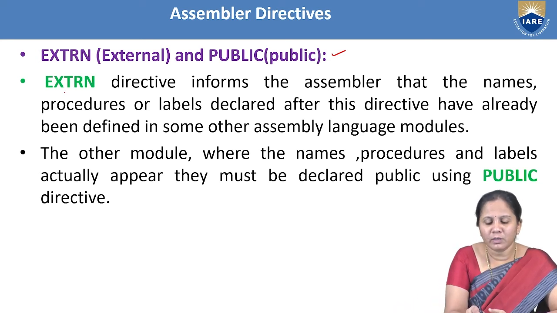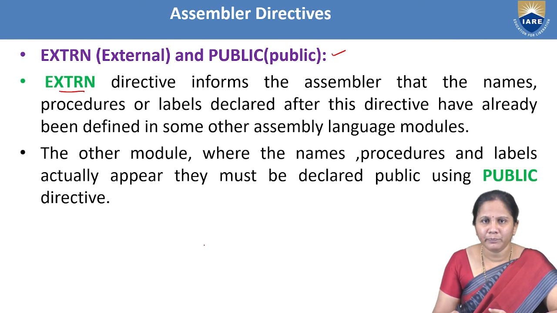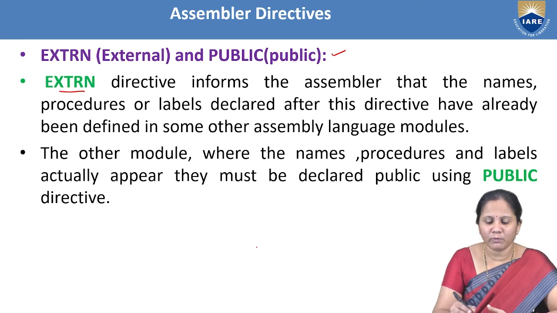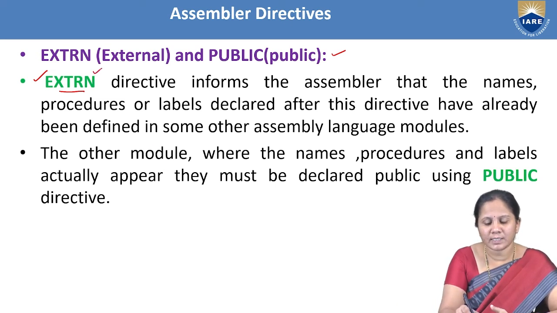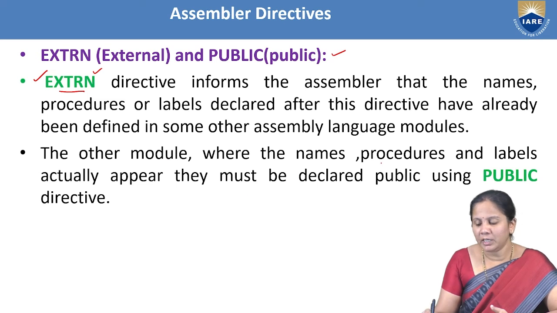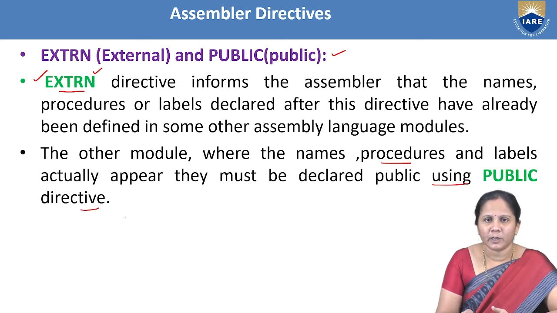If we use the assembler directive extern, it directs the assembler that the variables, labels or procedures used in this extern have been declared somewhere else in the program. The other module indicated in this extern is where the names, procedures and labels actually appear, and they must be declared public using the public directive.